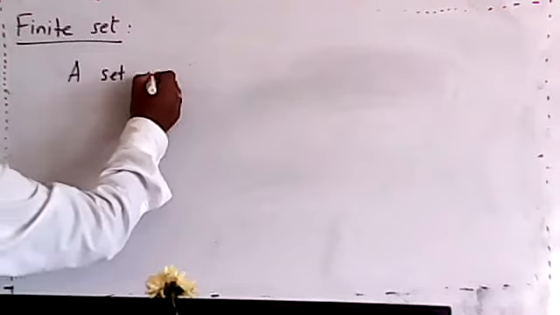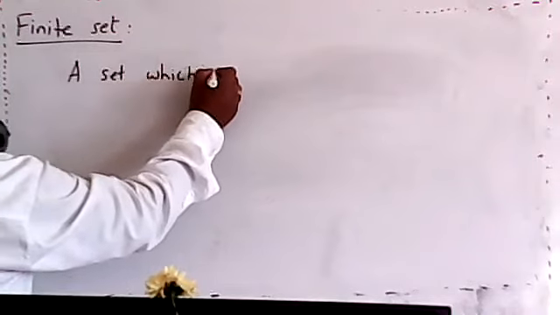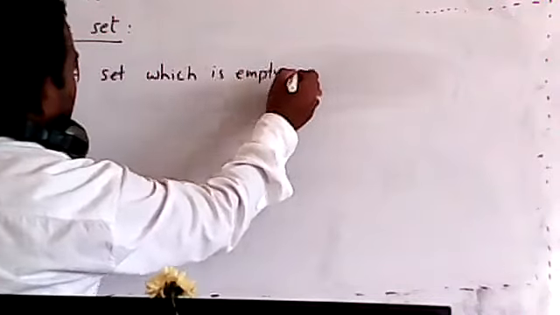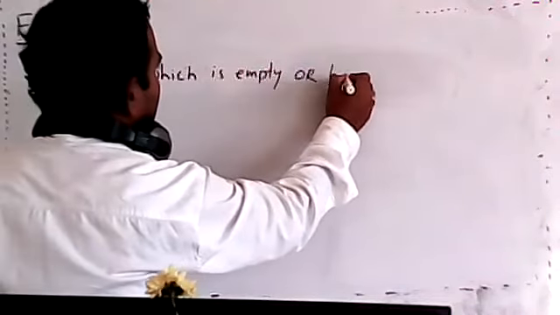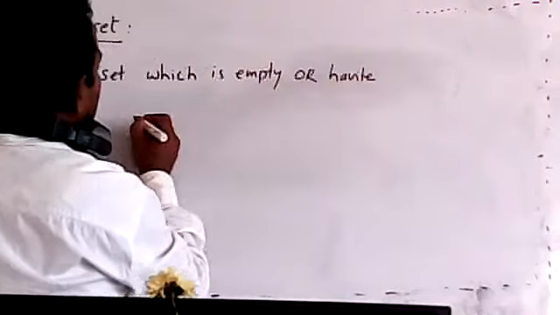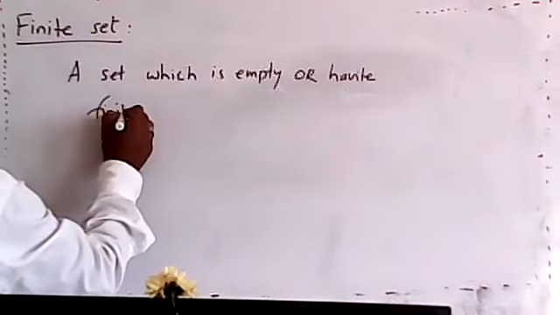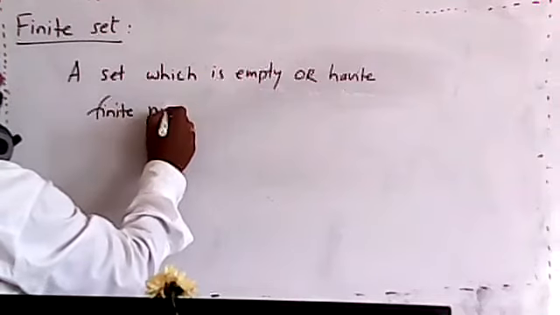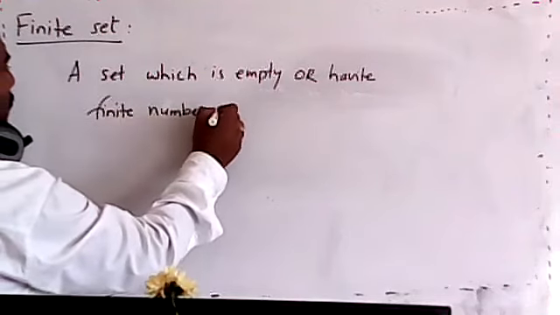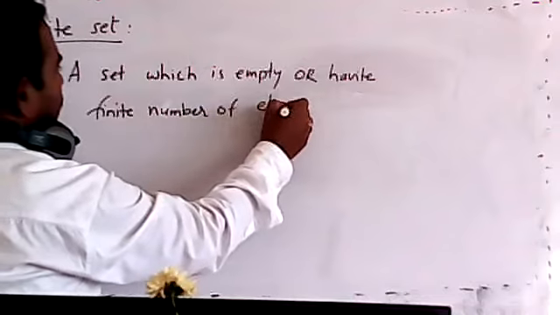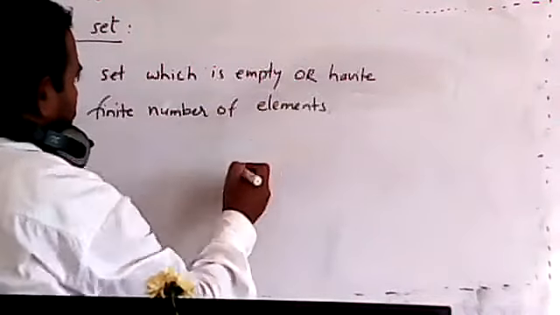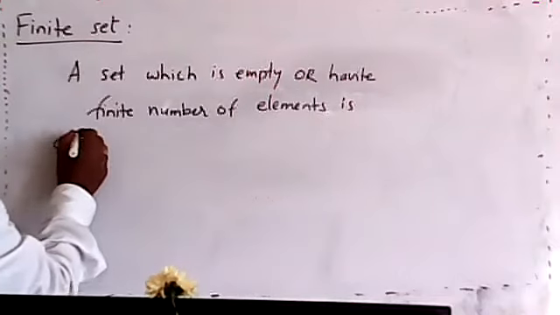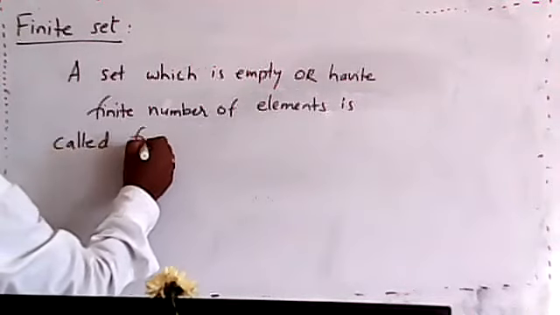A set which is empty or having a finite number of elements is called what? Finite.